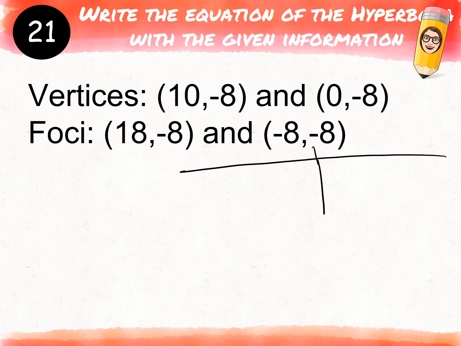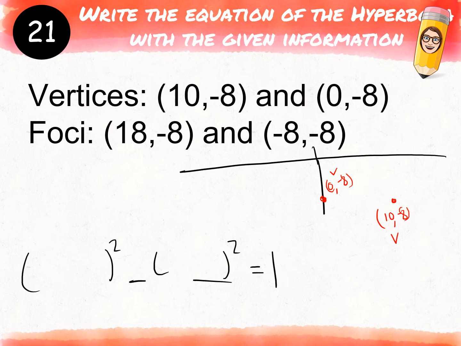We have vertices that exist at (10, -8) and (0, -8). So if those are my vertices, see how they're horizontal? That means this is going to be a left to right or horizontal hyperbola.